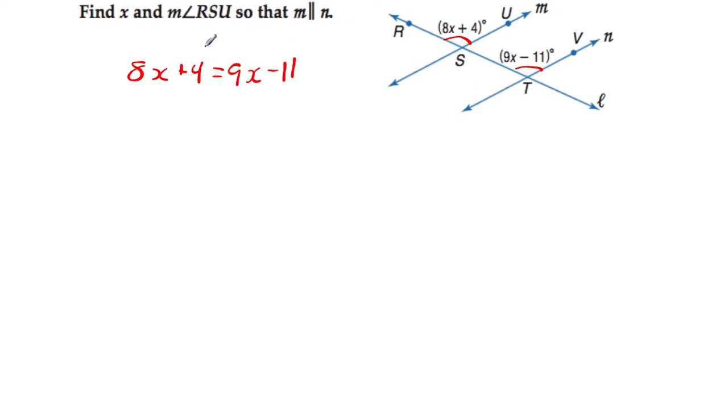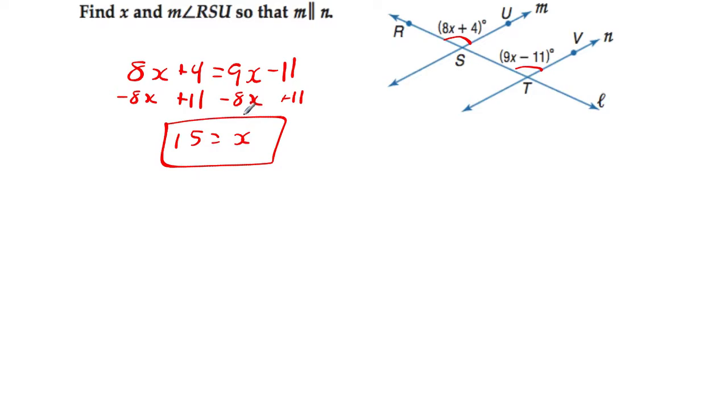If those lines are parallel, this is true. So if I show that these two are equal to each other, then M and N must be parallel. So what would be the value of x here? Well, if I subtract 8x from both sides and add 11 to both sides, I get 15 is equal to x. So x is equal to 15.